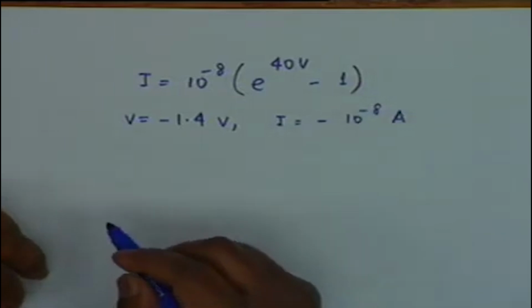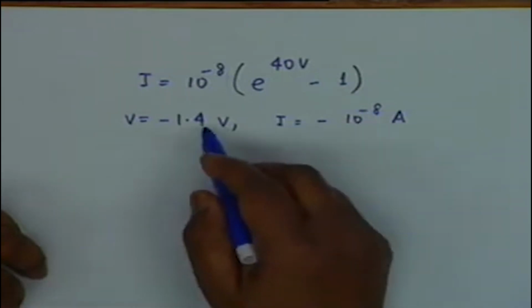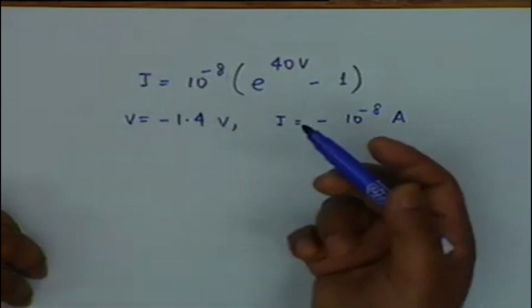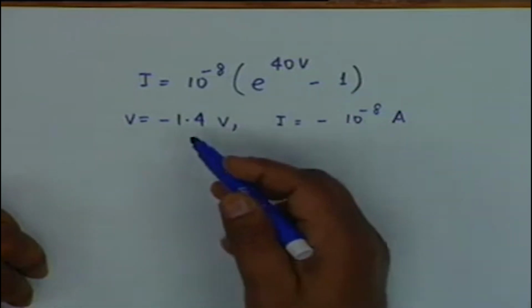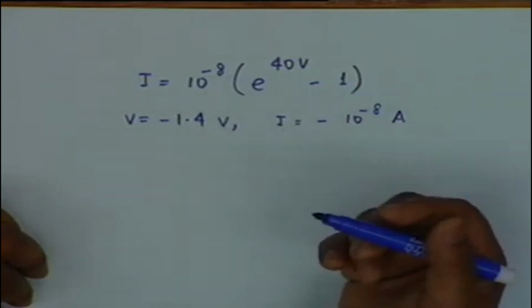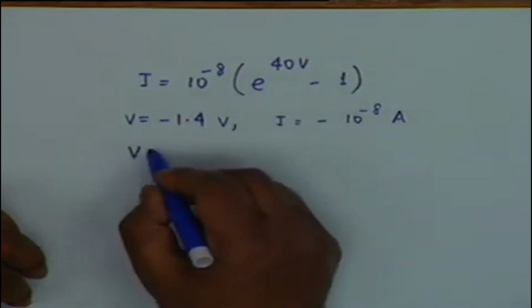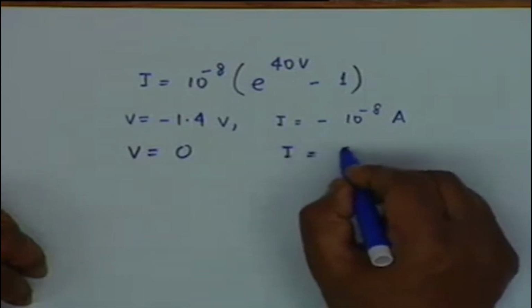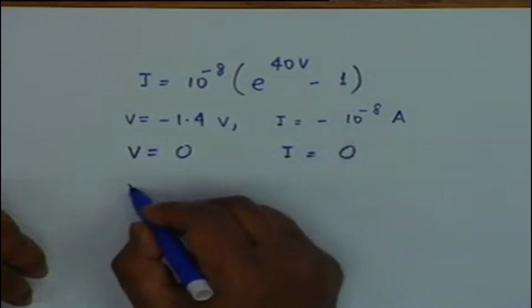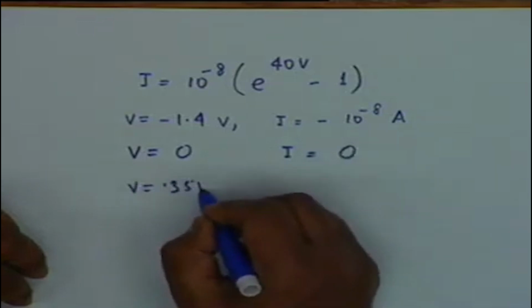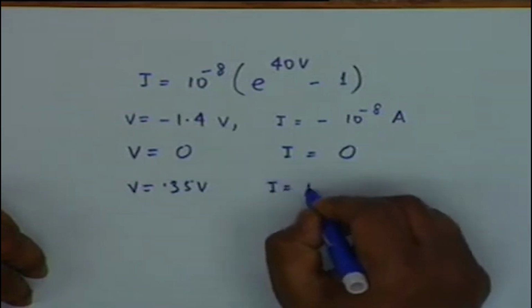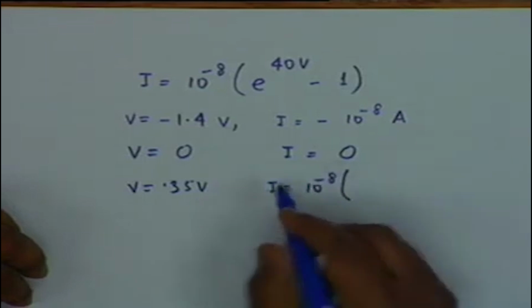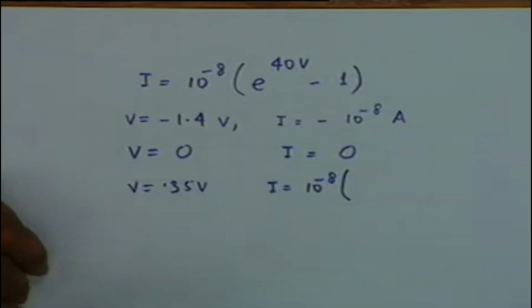Is that okay? This is double of 0.7, even at 0.7 you ignored it, therefore at 1.4 it would be e to the minus 56, so that can be ignored. If V equal to 0, then obviously the current shall be equal to 0, and if V equal to 0.35 volt, the current shall be equal to 10 to the minus 8, 0.35 times 40 is how much?